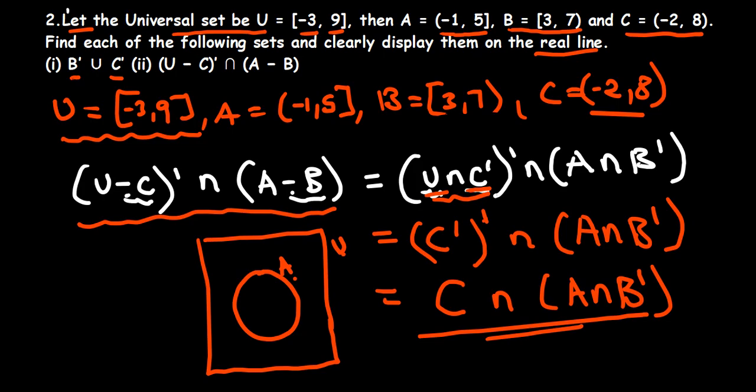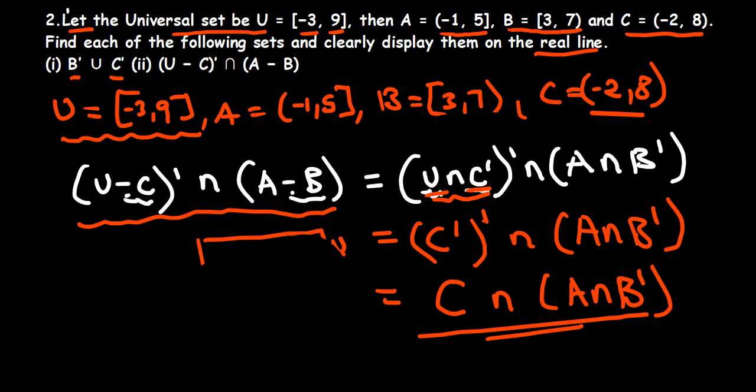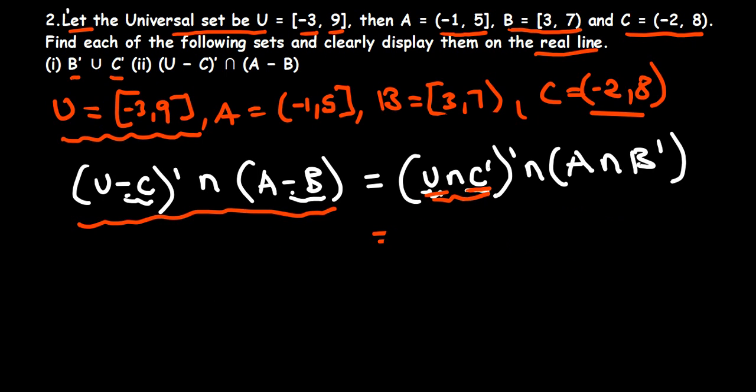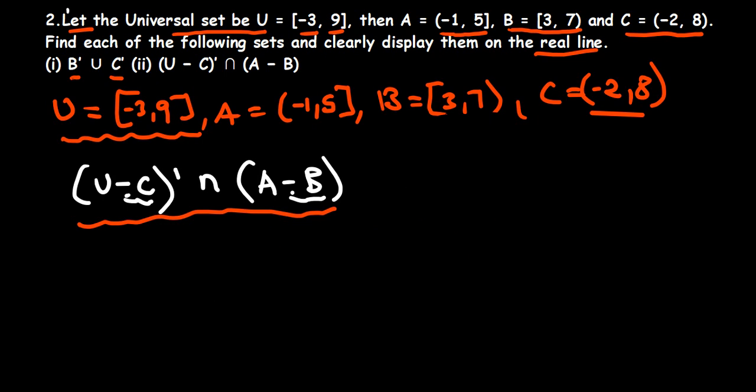Okay, so now let's plot this guy. Let's create some space here. So we said all this set here will just turn out to be what? C intersecting A intersecting B complement. That's what we said.